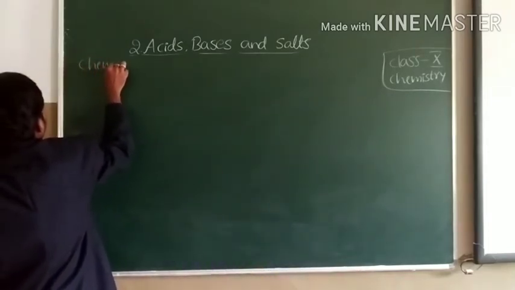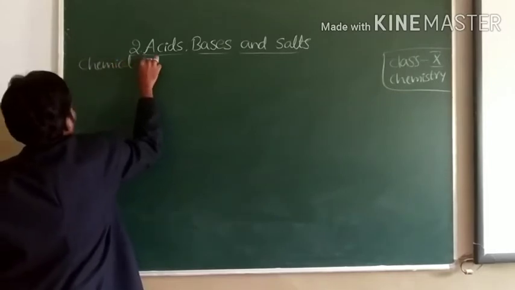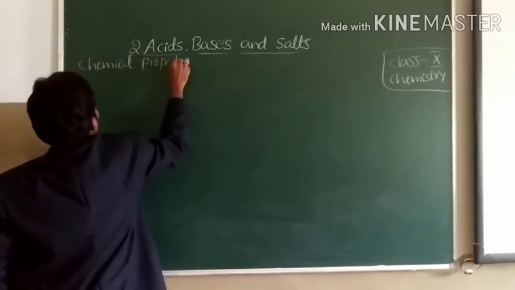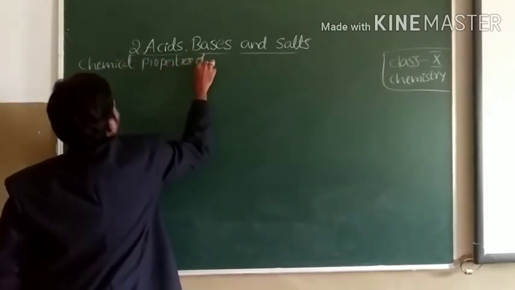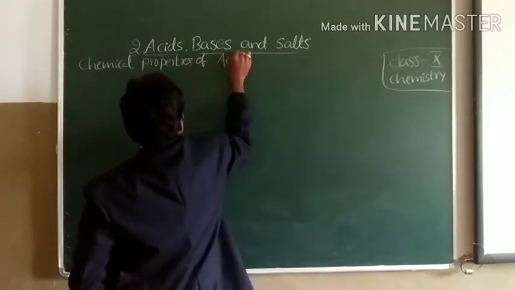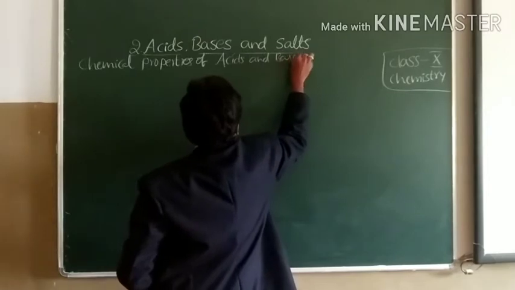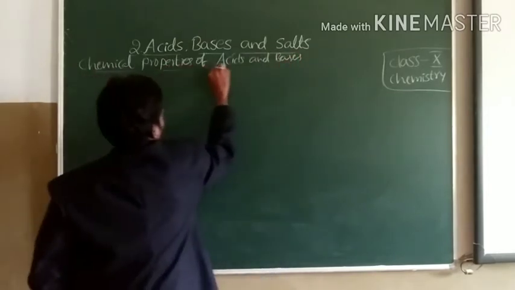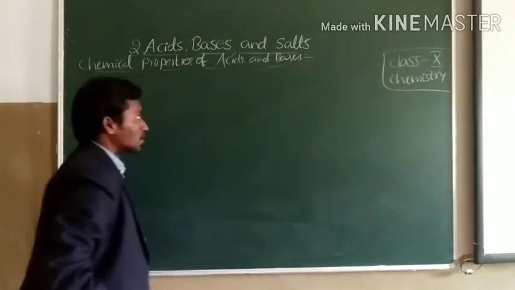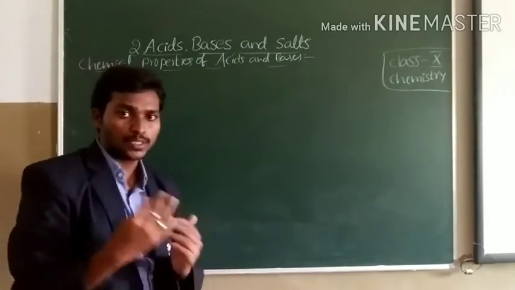First activity, children: chemical properties of acids and bases. For this activity, we require some of the acids and bases from the laboratory.